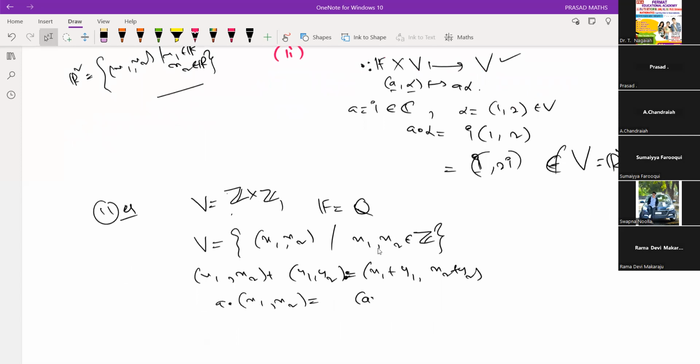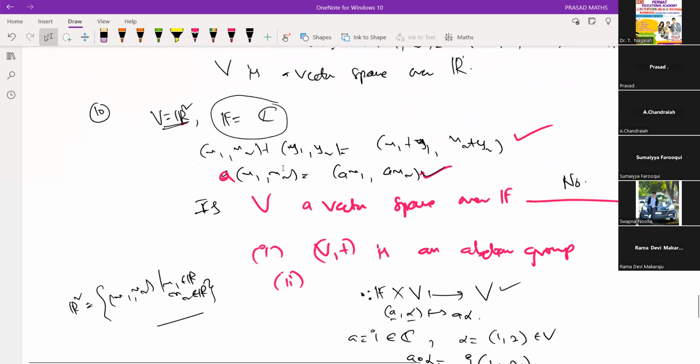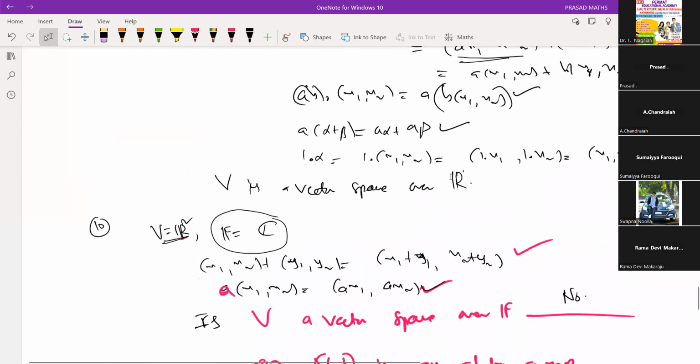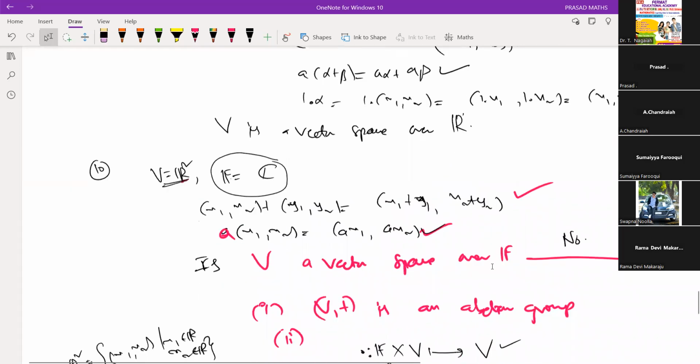This one is component-wise. Someone says if I define component-wise addition, it is automatically a vector space. No, we have seen that even though we define component-wise addition and component-wise multiplication, it need not be a vector space. It depends upon the field also. When F equals R, it is a vector space, but otherwise it's not.